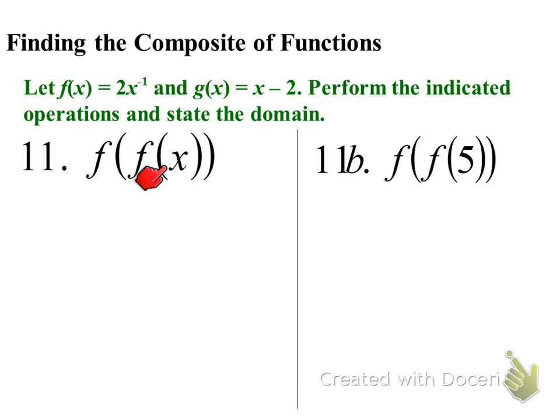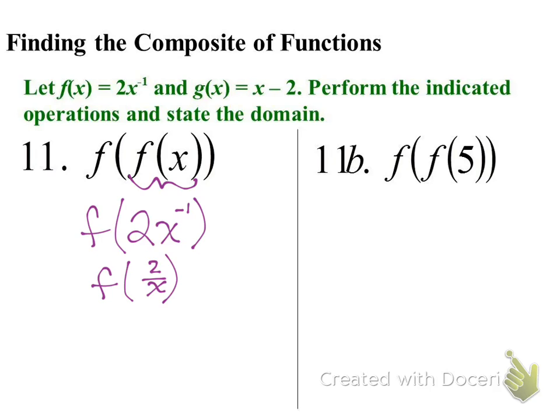So now we're looking at a composition within itself. When you plug x into f, you take your input to the negative first power and then multiply by 2. If you want to see that as 2 over x, you can. Both of those mean the same thing.